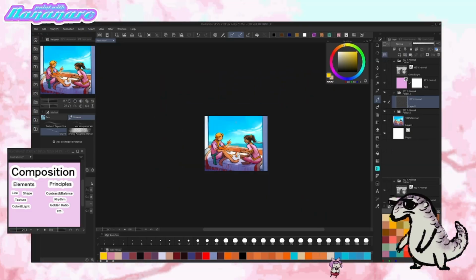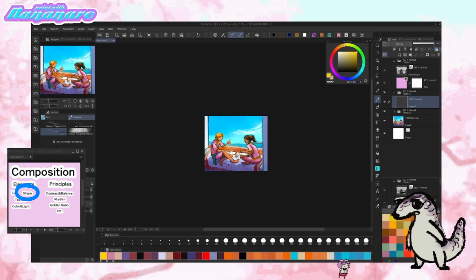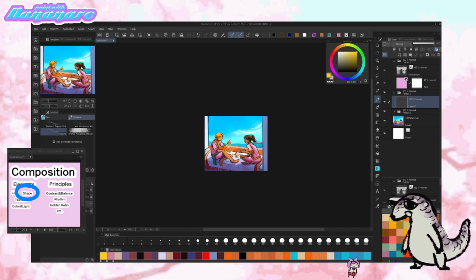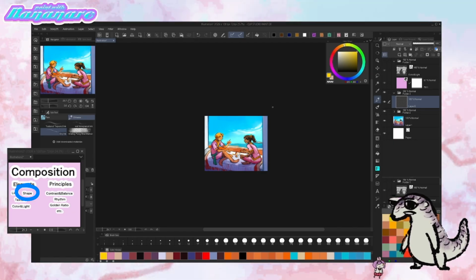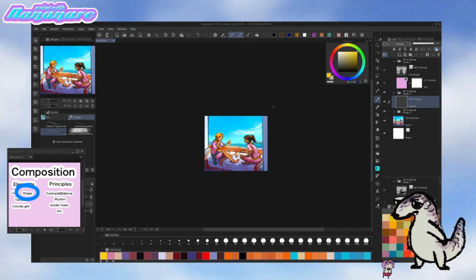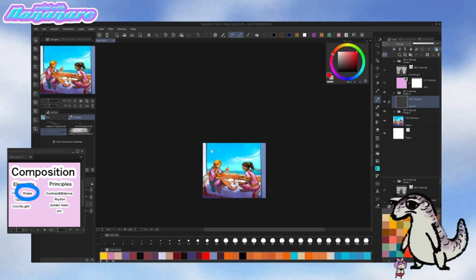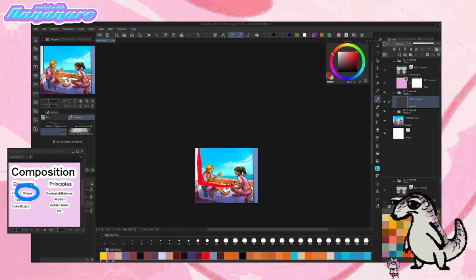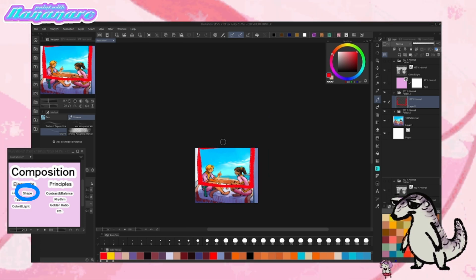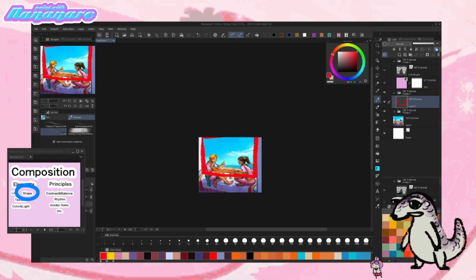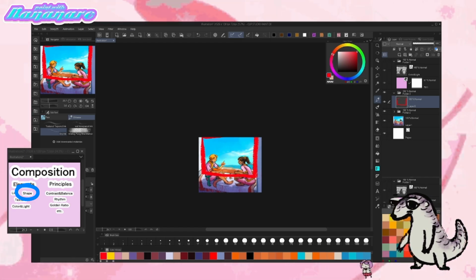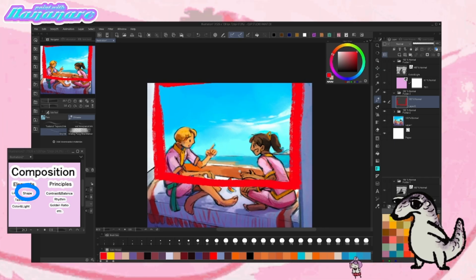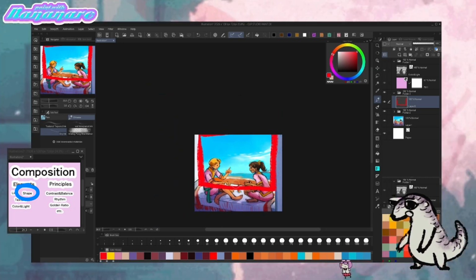Let's go to shape. This is a pretty balanced composition, and we can see there are some easily seen shapes that make up the composition, like this huge rectangle of the sky here that frames both of your characters, and that is amazing.